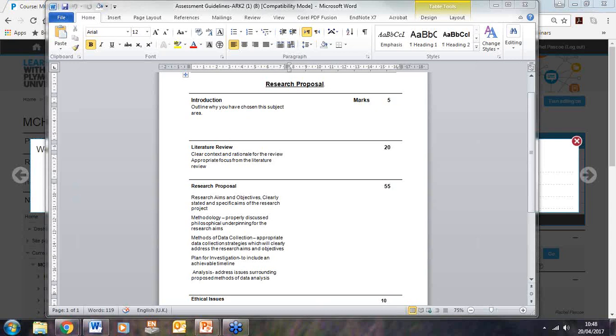So that does not give you a lot of time to then analyse and write up. So I would ideally think that by the beginning of March you've finished your data collection. Absolutely. So that you've got enough time to write up.